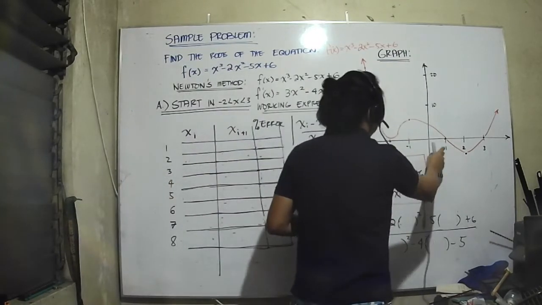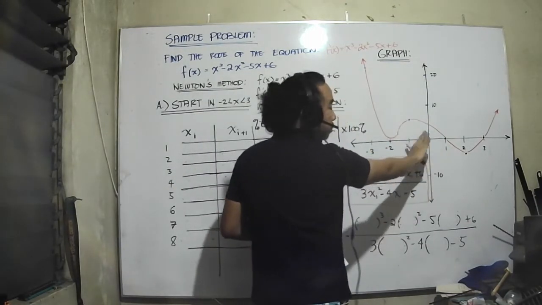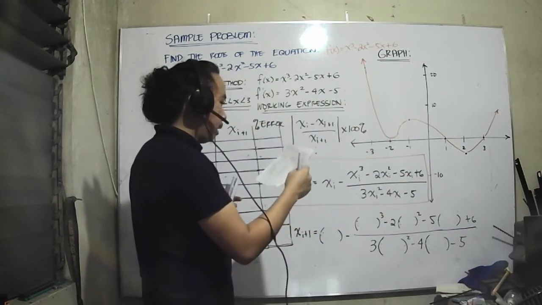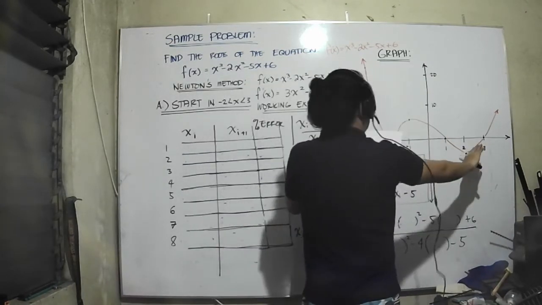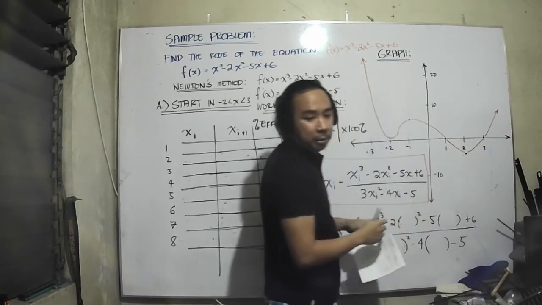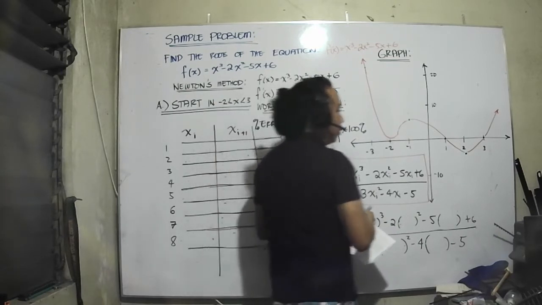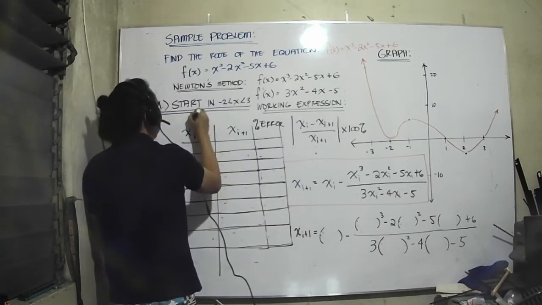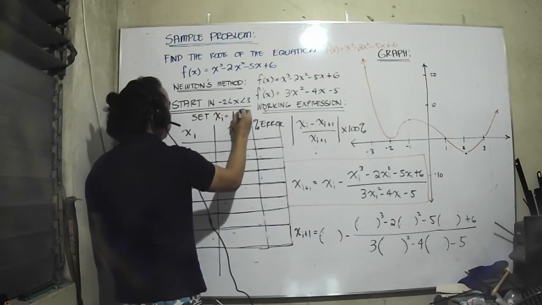But you have to choose a number that is favorable, otherwise it might shoot toward the others. Why not we try 1.8? Since 2 is the middle of our graph. We start with 1.8, so we set our xi to be 1.8.